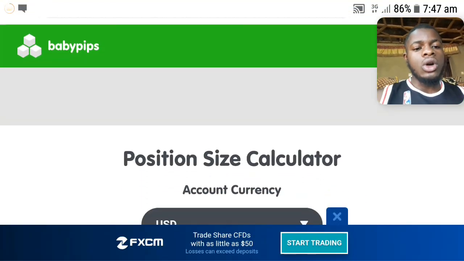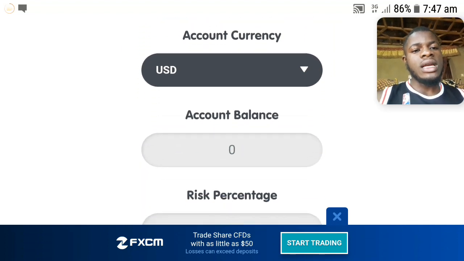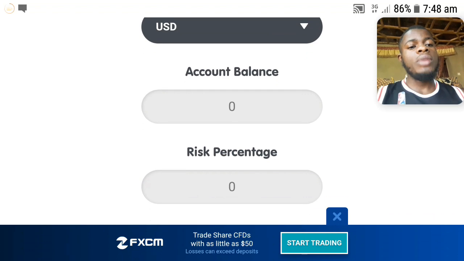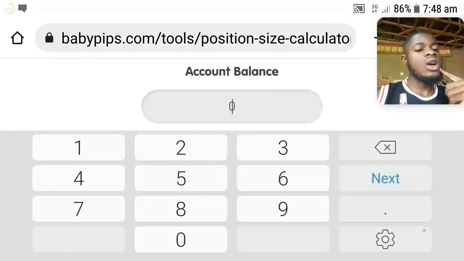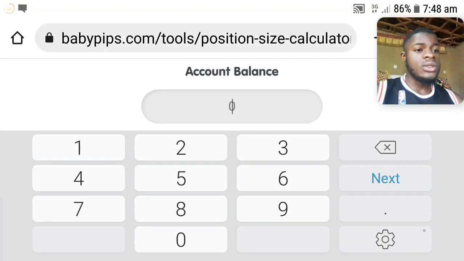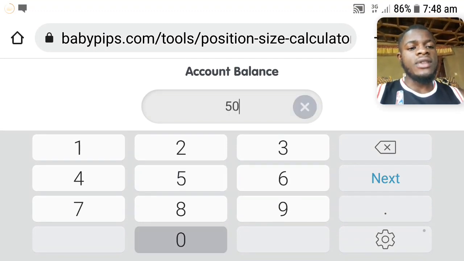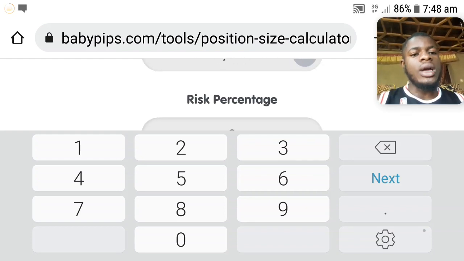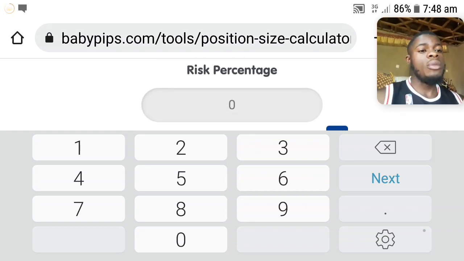Now it comes up. You have the position size calculator, you have the account currency, you have the account balance. Here, for account balance, you can choose any balance based on the account size you have. Take for instance, you have a $5,000 account, you write 5,000, next. They're going to ask what your risk is, how many percent you're willing to take on that trade.